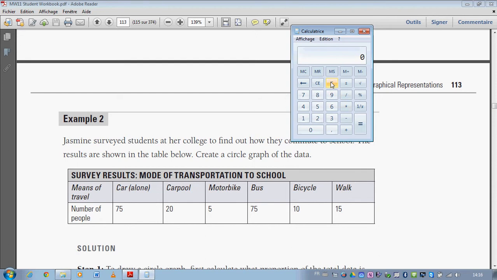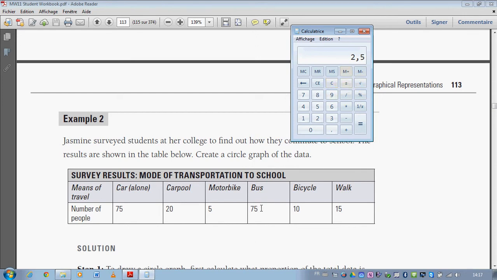Now let's do that with the carpool. That's 20 people. You divide it by 200, which is the total number of people, and then you multiply by 100. That's 10%. Okay, so carpooling is 10%. Let's do that with motorbike as well. So 5 people out of 200 times 100, that's 2.5%.